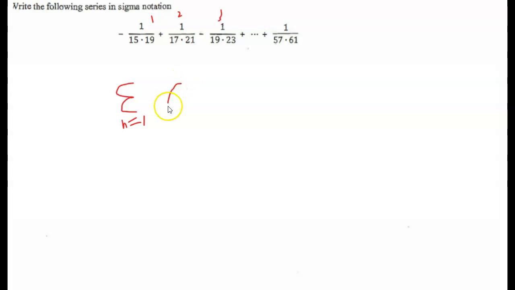To get this equation, it's simple. Because 1 is a constant right here, I'm just going to put 1 over. Now I need to turn 15, 17, 19 into a pattern.